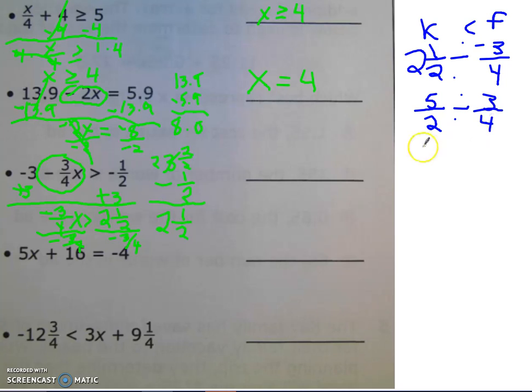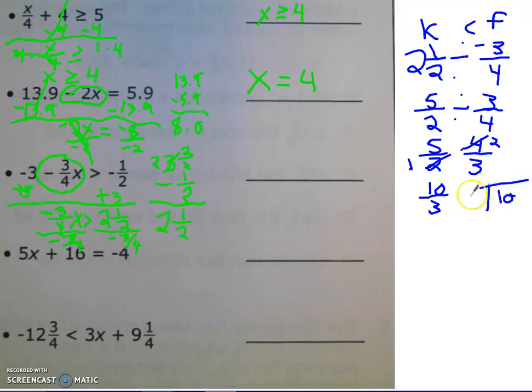So still we are going to keep it, flip it, change it. So this is going to simplify to 1. This is going to simplify to 2. 5 times 2 is 10. 1 times 3 is 3. 10/3 can be divided out. So when you divide that out, it's going to go in there 3 times, and we get 3 and 1/3.